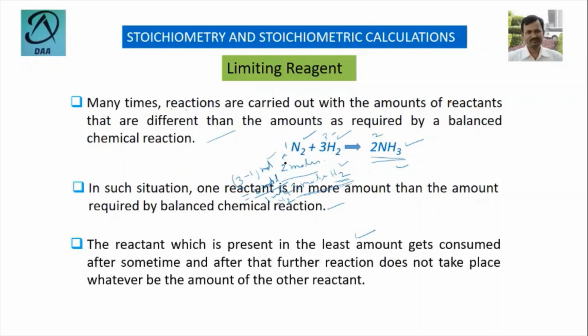And whatever amount of the other reactant, in this case the 2 moles of nitrogen, is in excess, so it will not be used in this reaction.